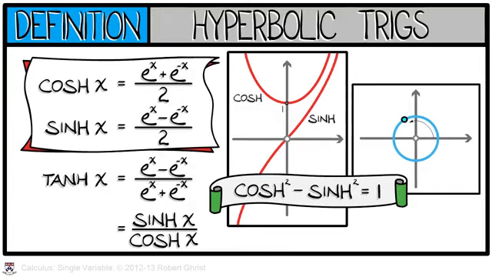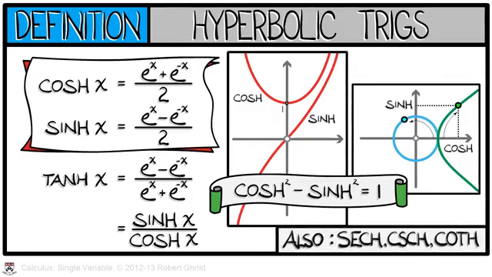Namely, cosine is the x-coordinate, the sine is the y-coordinate of a point moving along that unit circle. In the hyperbolic trigonometric setting, the same is true, but for a hyperbola instead of for a circle. As you might suspect, there are also hyperbolic secant, cosecant, and cotangent functions.